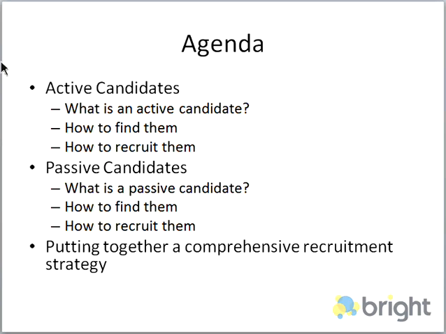They might be employed but currently looking. They could be employed but not looking, and then they could also be employed and not open to a new opportunity at this time. And you're really not going to know until you find and speak with those people where your best candidates are. So the purpose of this webinar is to discuss the different types of candidates and how to effectively find, recruit, and hire each.